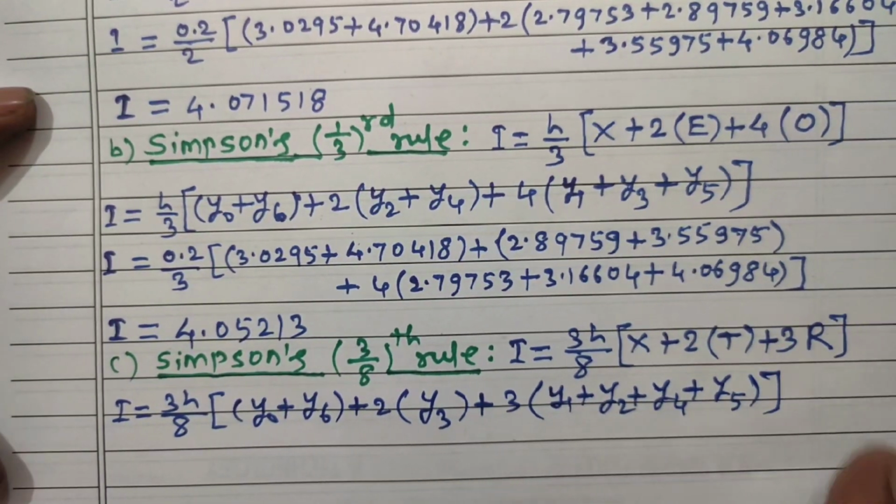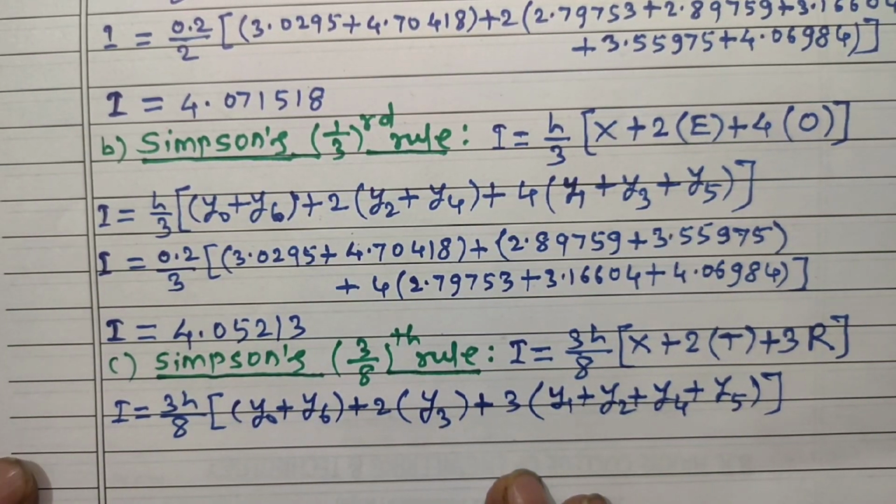And now put the values of ordinates and the value of h on the right hand side.